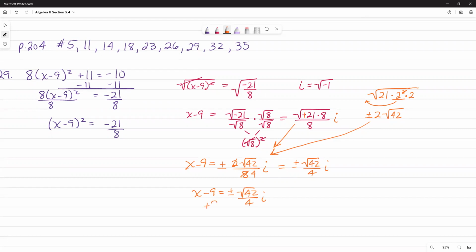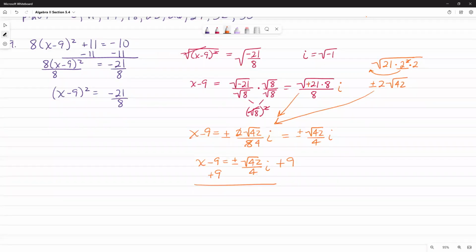And then I need to add a 9 to both sides. I'm just going to put it on the end here, but we're going to definitely change the order. Okay, so x equals 9 plus or minus the square root of 42 over 4i. And that is our answer.